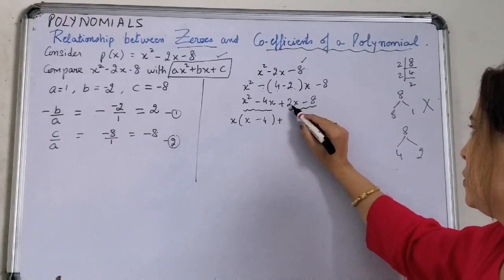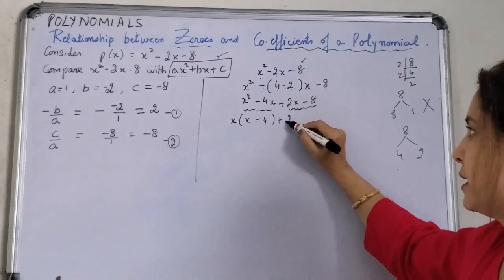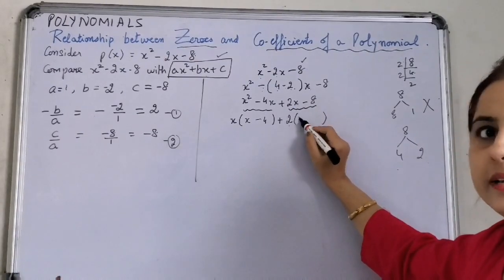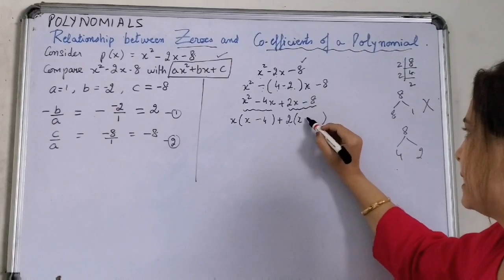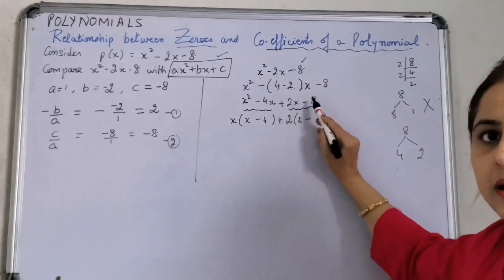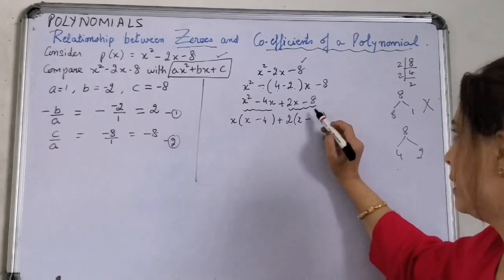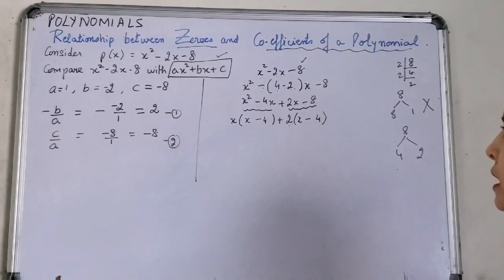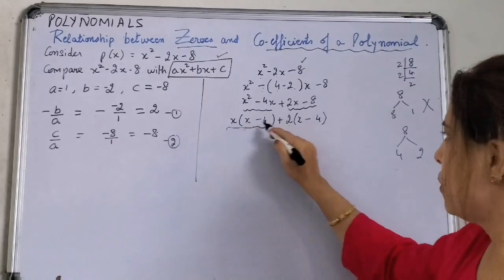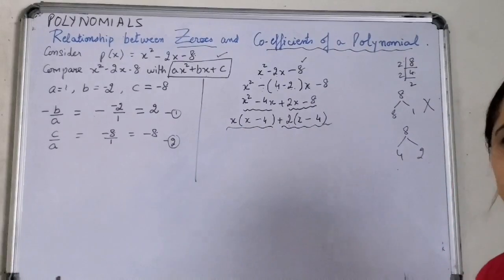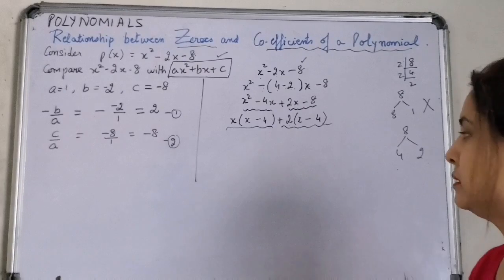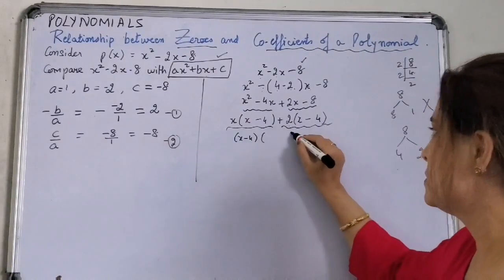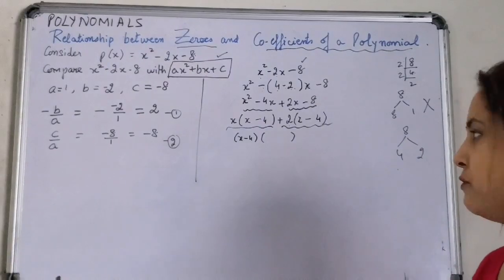In 2x and 8, 2 is common, so we are taking out 2. Now start with the bracket. 2x divided by 2 is x. The sign stays as it is, since outside it was plus, whatever sign is inside will remain the same. 8 divided by 2 is 4. Now look at this. On both sides of the plus, the bracket is the same, it means we are on the right path. Take x minus 4 as common and put whatever is left in the second bracket, and we have x plus 2 over here.